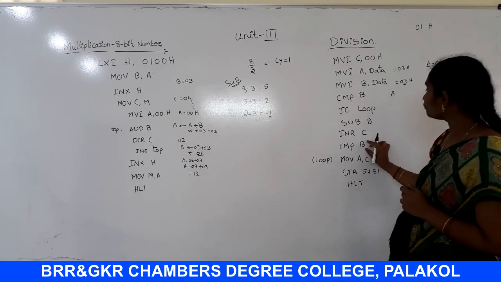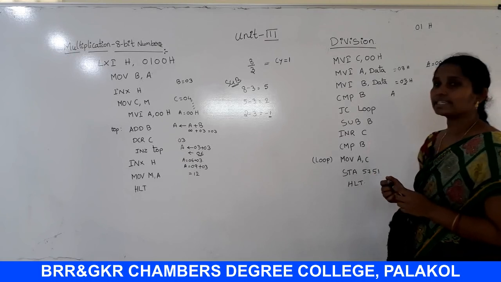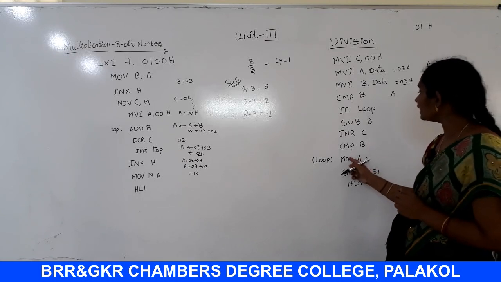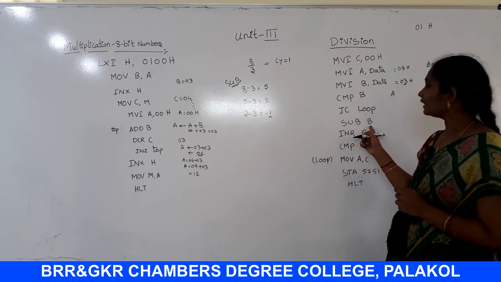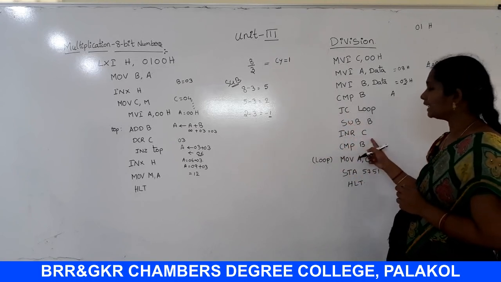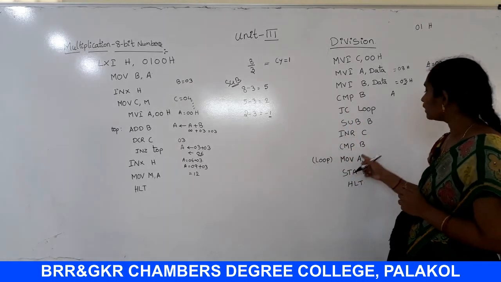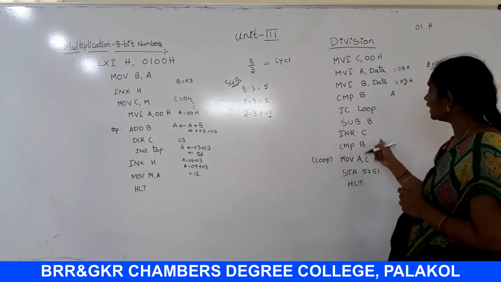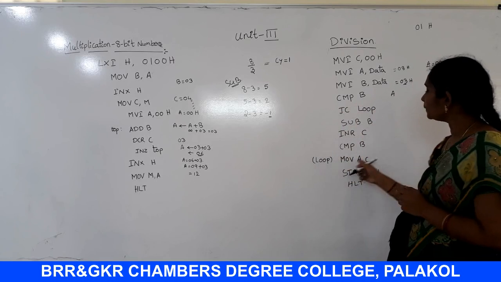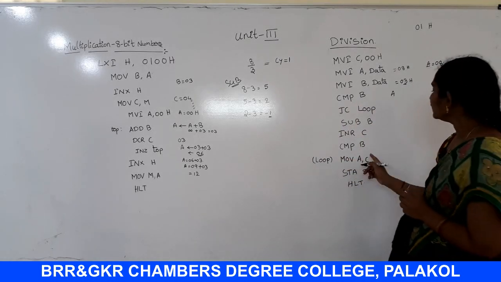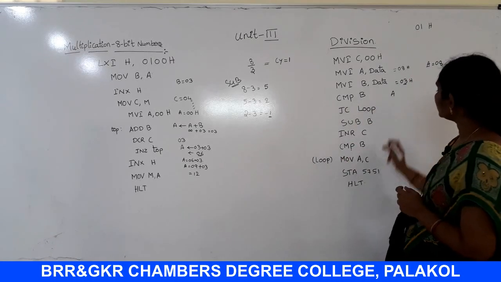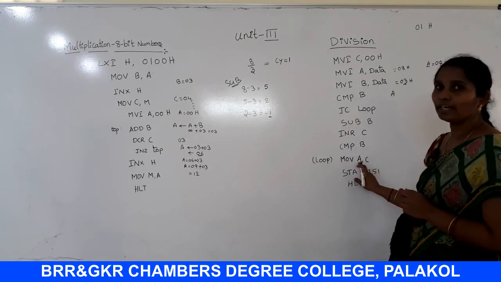After that, if a carry is generated, it goes to the loop again, subtracts B, increments C, and compares again. That means this loop is repeating. If no carry is generated, the result of the count is stored in the accumulator.